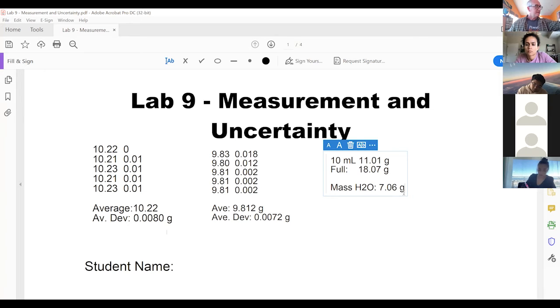The temperature of my water is 7 degrees Celsius. So I'm going to have to look up the density at 7 degrees Celsius.